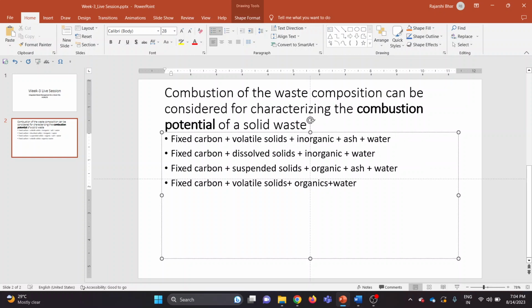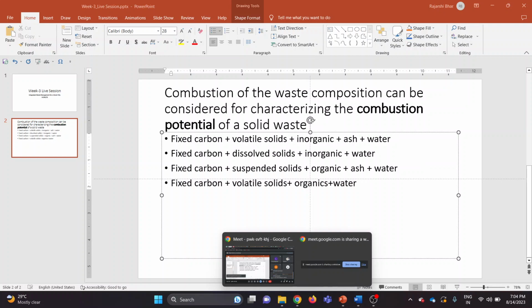Which one do you think is the correct answer? You can unmute yourselves and share your opinion, or you can also use the chat box for the same.